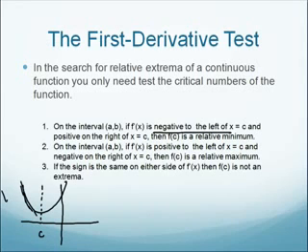So the first derivative is negative, and then to the right, where the first derivative is positive, then we know that at that point we have a relative minimum because it's going from decreasing to increasing.